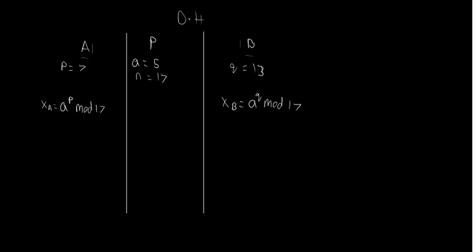So that will be 5 to the power 7 mod 17, and this will be 5 to the power 13 mod 17. The result of this calculation is 10 from what I've calculated, and the result of this one is 3.